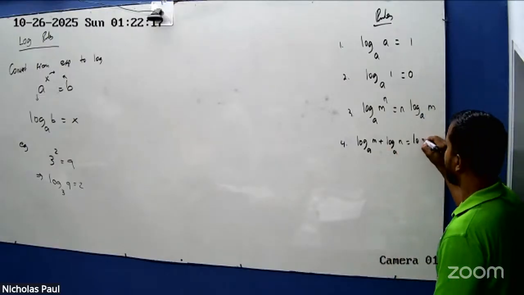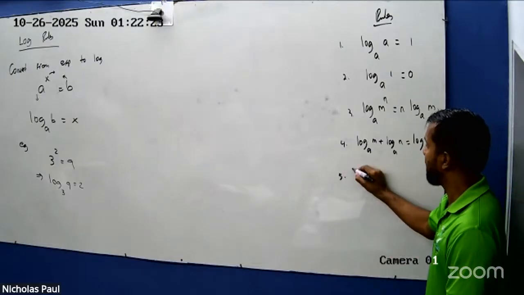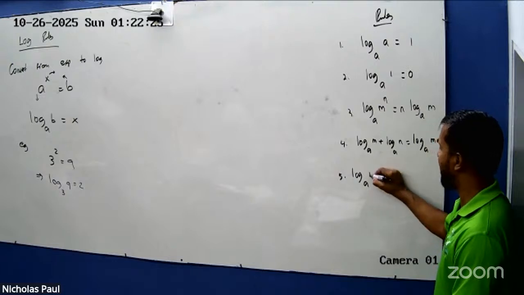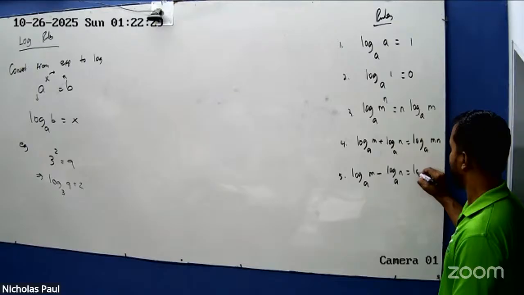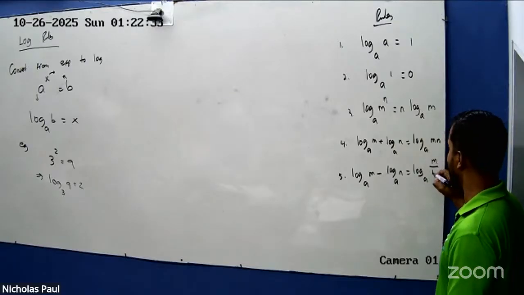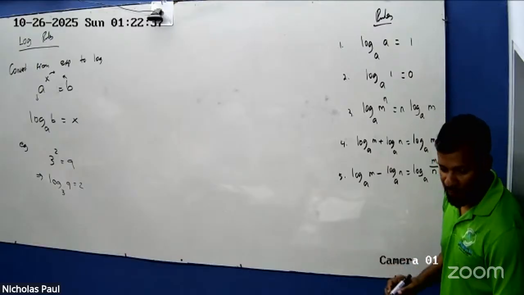So it will be log to the base a of mn. And then log to the base a of m minus log to the base a of n will be log to the base a of m divided by n.